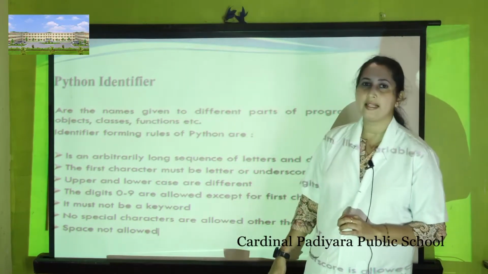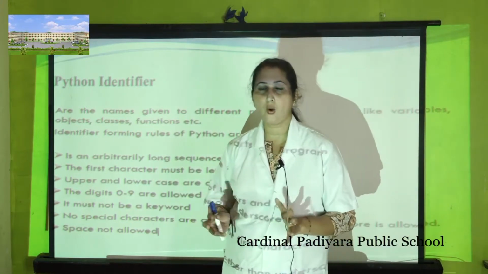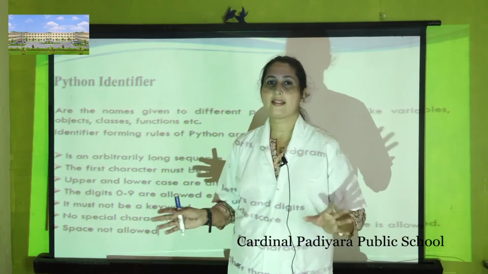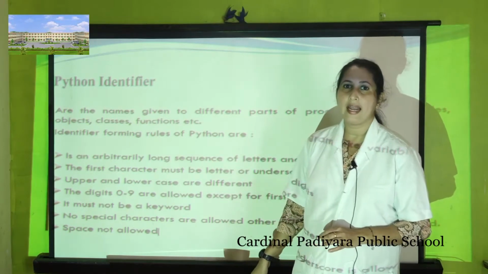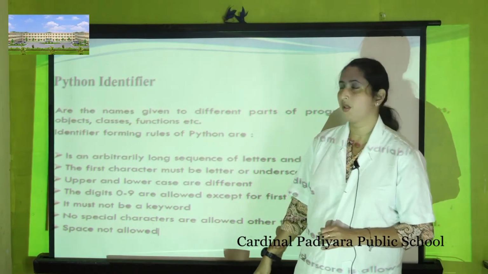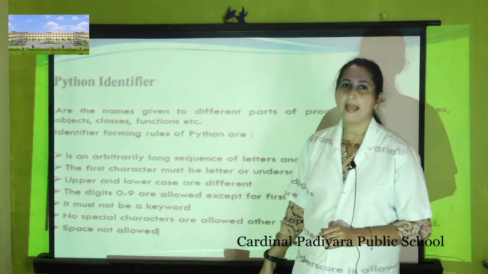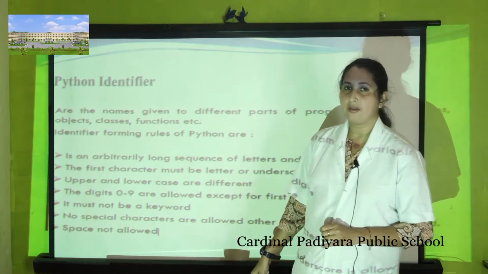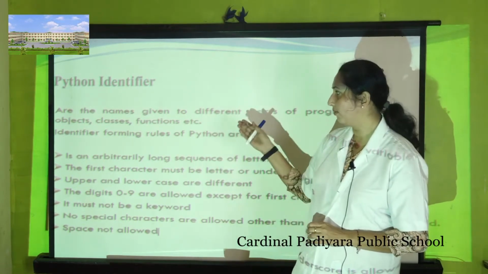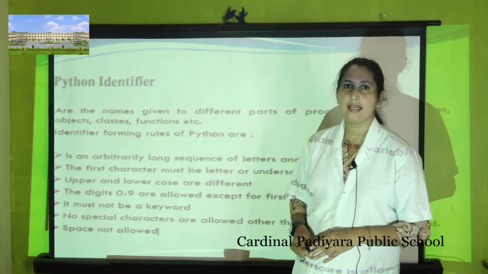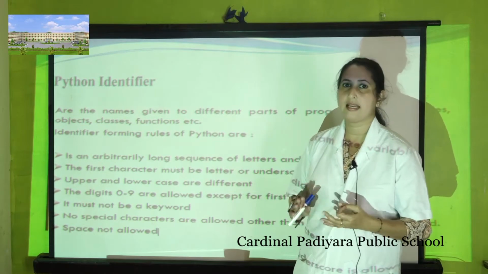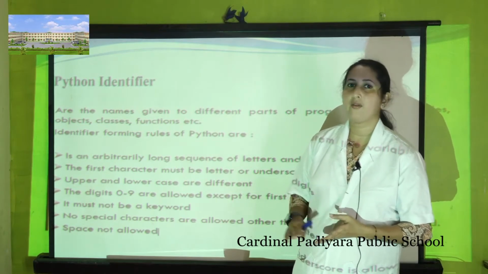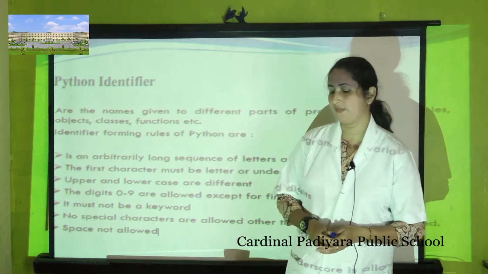And the last point is spaces are not allowed in the name. These are the main rules when we create an identifier. It is a name given for a variable, a function, an object or a class, and we have to follow these rules.